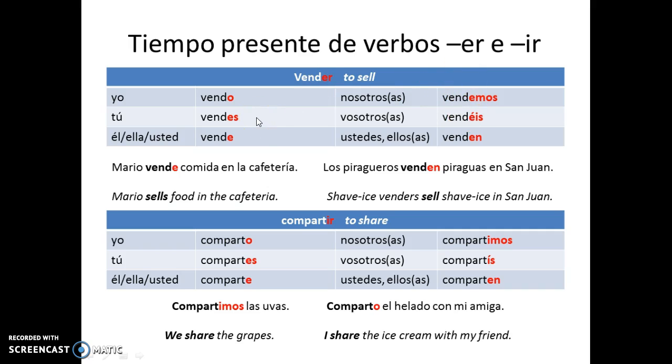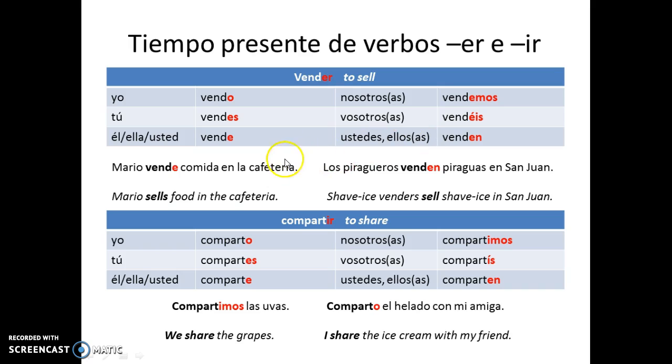So when you put those endings onto the root of the infinitive, it sounds something like this. Yo vendo, tú vendes, él, ella, usted vende, nosotros, nosotras vendemos, vosotros, vosotras vendéis, ustedes, ellos, ellas venden.